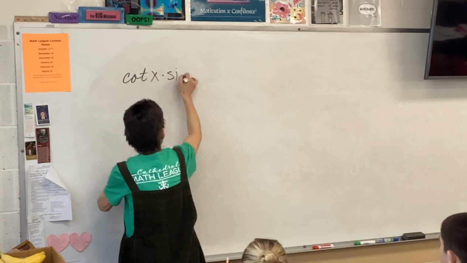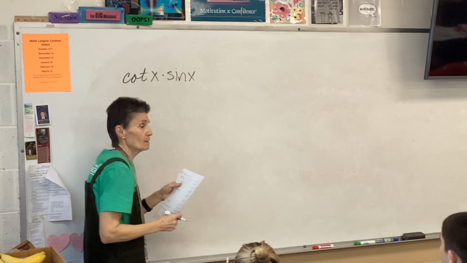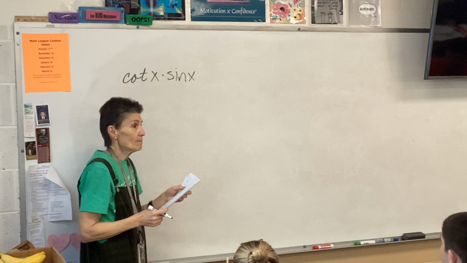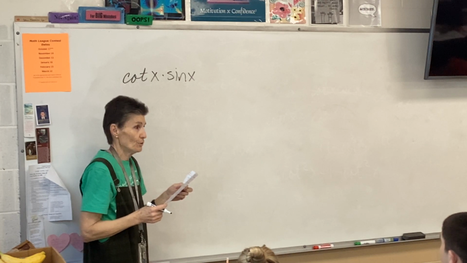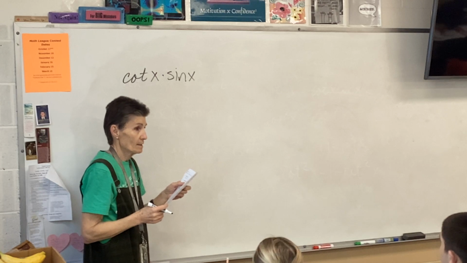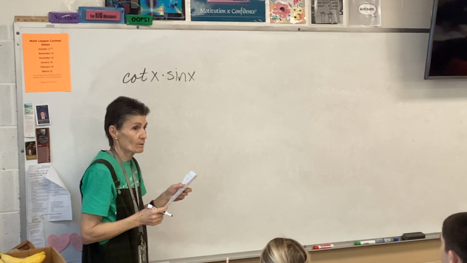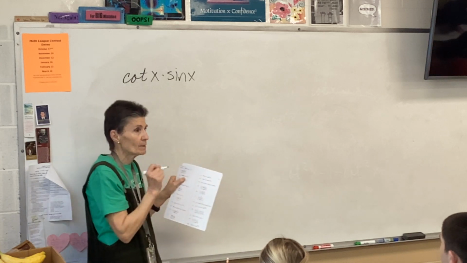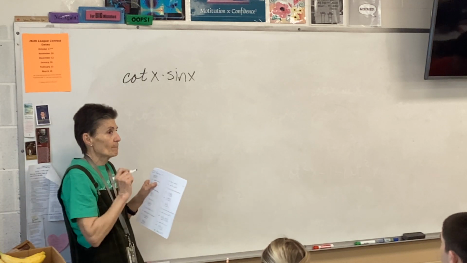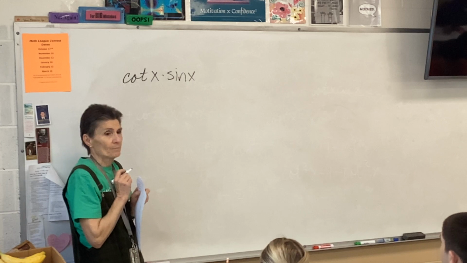Cotangent times sine. Does anybody have a thought about what we might do with this? Now, there's no squares, so please don't be looking at what you boxed in. You're not using any of those. What do you think? 1 over tan.